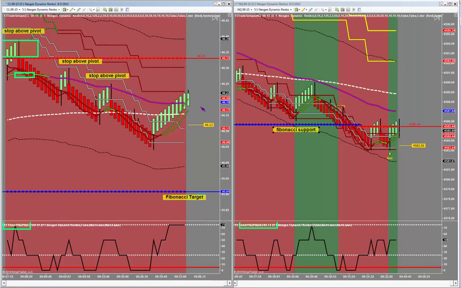All right, so we have the potential for a short trade, assuming that they don't break. If they do break, that's okay. It just means that we're not going to do that last short trade.